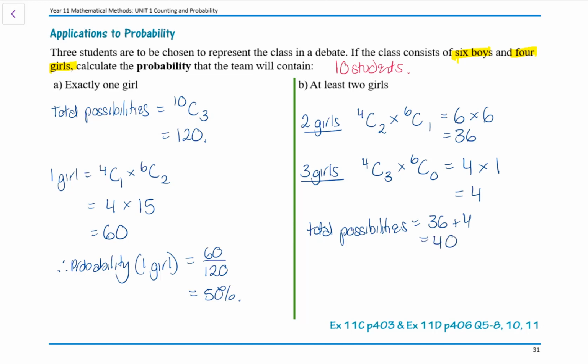It's one or the other, not both, so that's why we add. And our probability of at least 2 girls is going to be 40 over 120, which is a third, or 33.3%. Okay, complete the exercise.